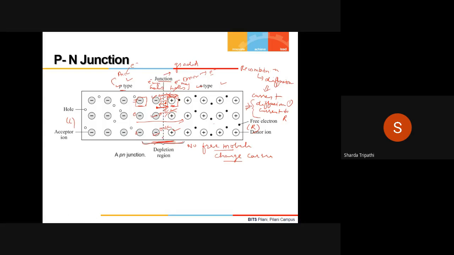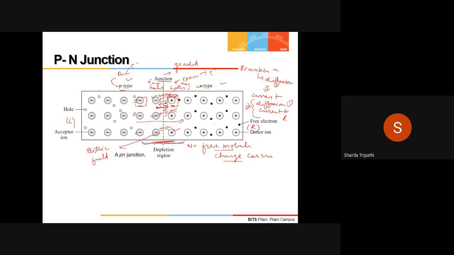So this region becomes depleted of majority charge carriers. That's why we call this the depletion region. Since there are no mobile charge carriers and there are only ions, this establishes an electric field at the junction.